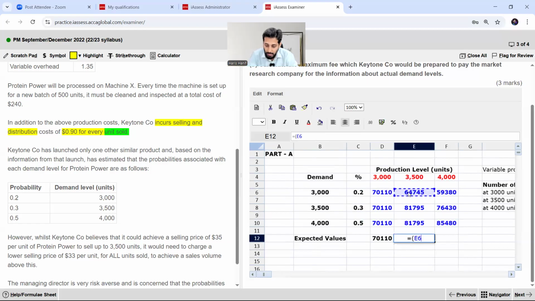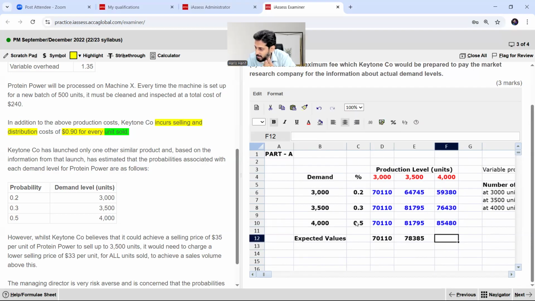This value multiply by 0.2 plus this value multiply by 0.3 plus 81,000 multiply by 0.5 bracket close. Press enter, answer. Please remember, expected value is not of the uncontrollable factor. Expected value is of your decision making. Press enter, answer.